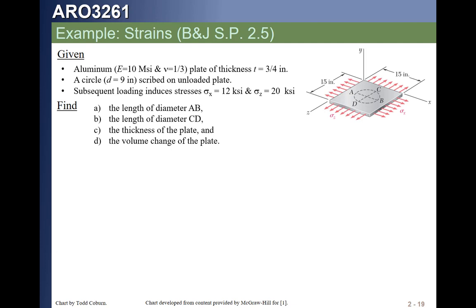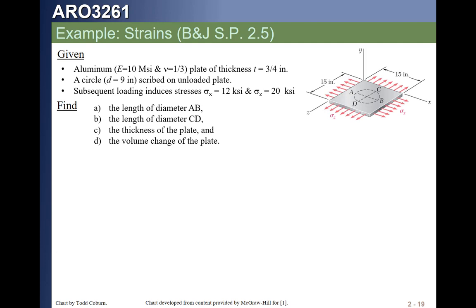If this circle's diameter D was 9 inches, then those dimensions AB and DC are both 9 inches. However, if we apply a normal stress sigma x, AB is going to lengthen and DC is going to shorten.